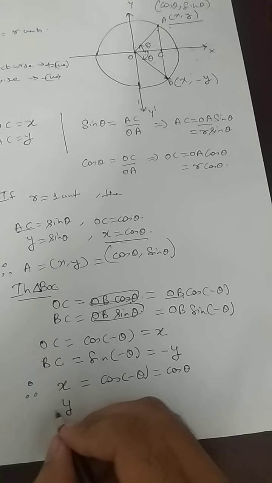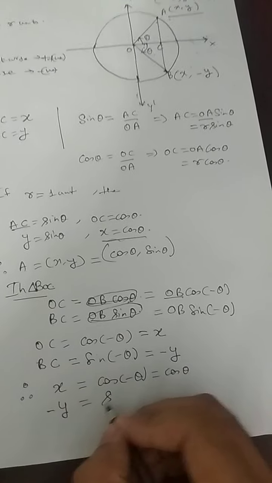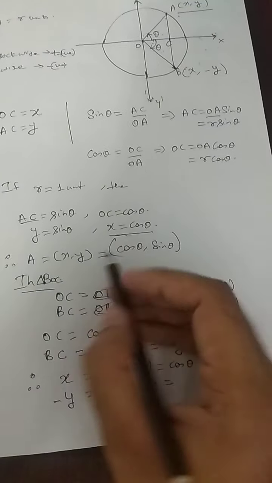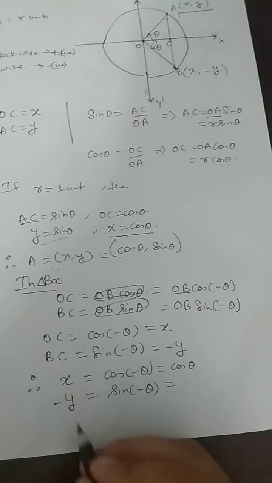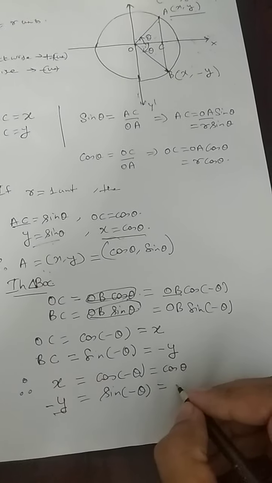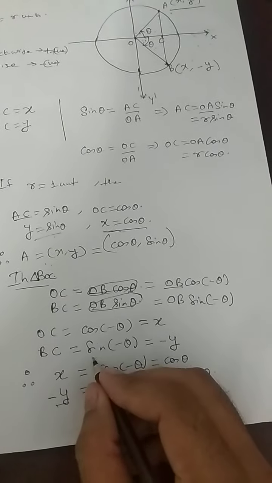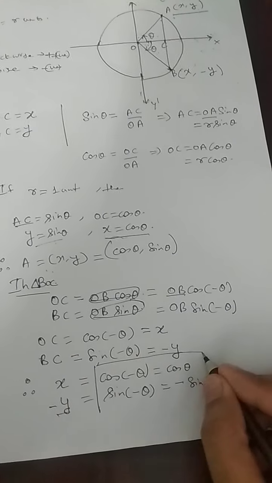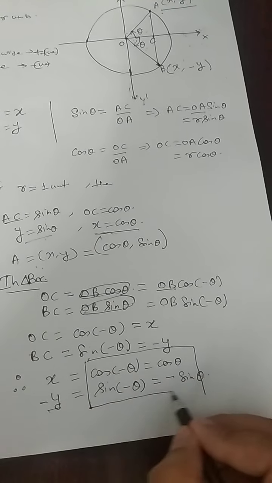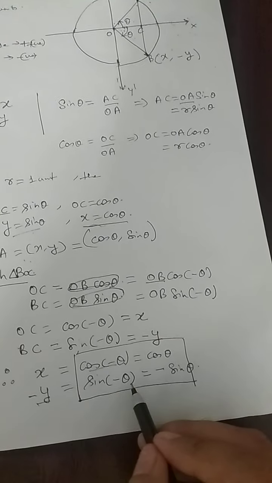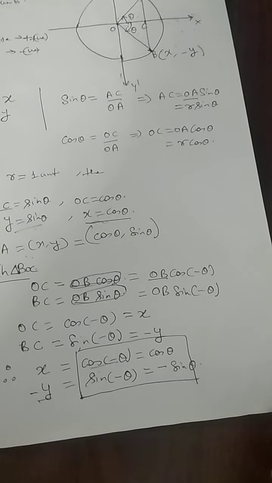Minus y is equal to sin of minus theta, and y here is sin theta and it is minus y, therefore minus of sin theta. So we get this result, that cos of minus theta is cos theta and sin of minus theta is minus sin theta.